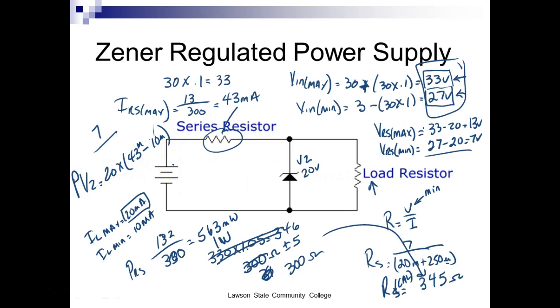Yeah, because the Zener is going to conduct the difference between the circuit current and the load current, right? Understand that? 660 milliwatts. So a 1 watt Zener would be fine, right?